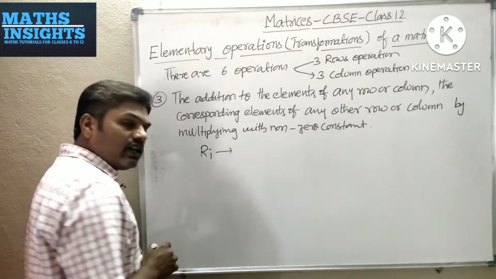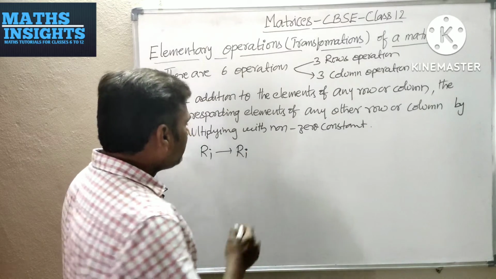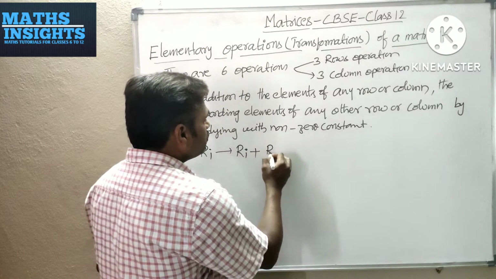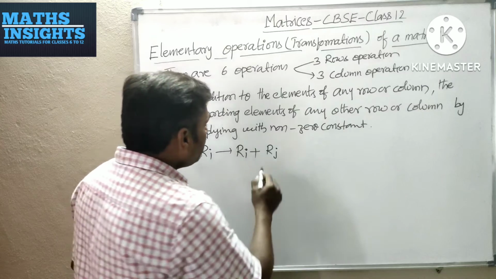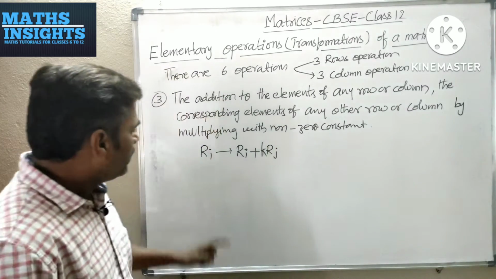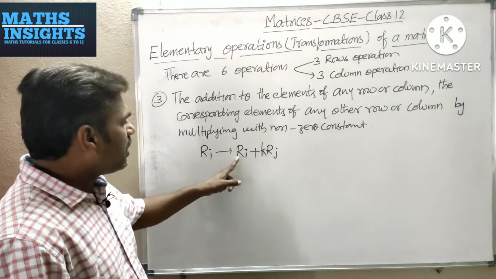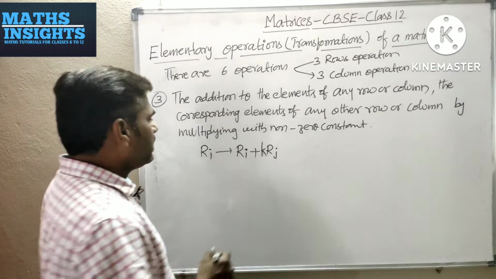I am taking the ith row. To the elements of the ith row, I am adding the elements of the jth row by multiplying with a non-zero constant, let k. So this is the third transformation: Ri implies Ri plus k into Rj.